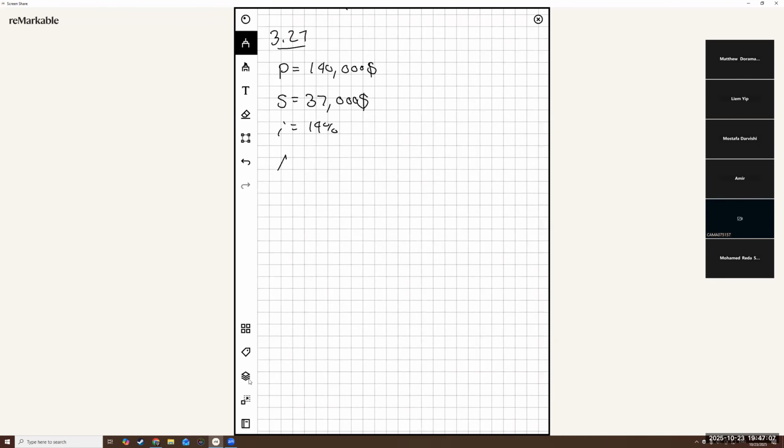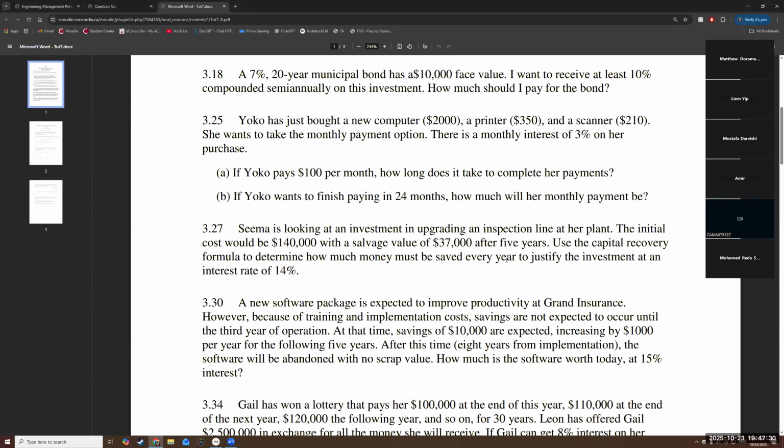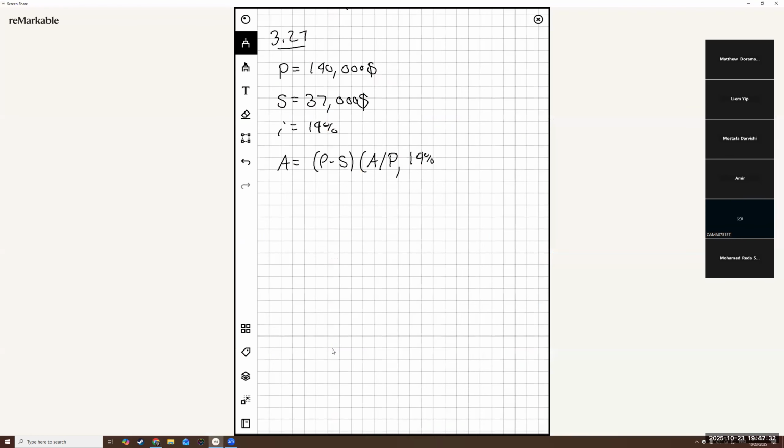So let's say A is equal to P minus S and then A slash P at 14%. And what is our N value? 5 years, right? 5.